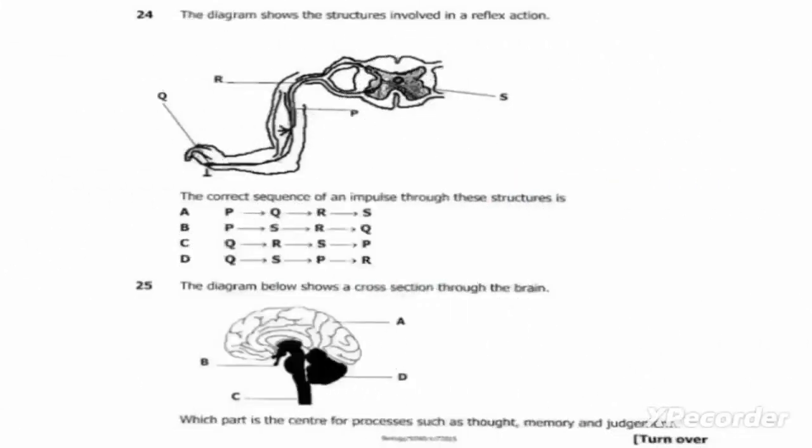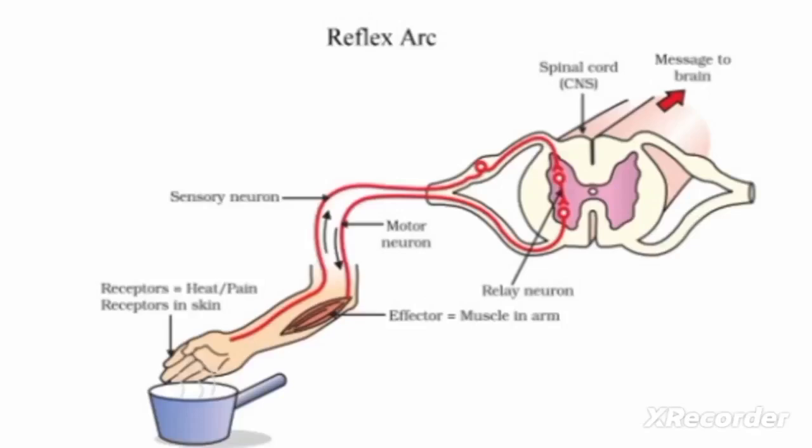Question 24, the question reads, the diagram shows the structure involved in a reflex action. The correct sequence of an impulse through these structures is, so they want us to give the correct route used by the electrical impulses. Electrical impulses will start moving from the receptor.